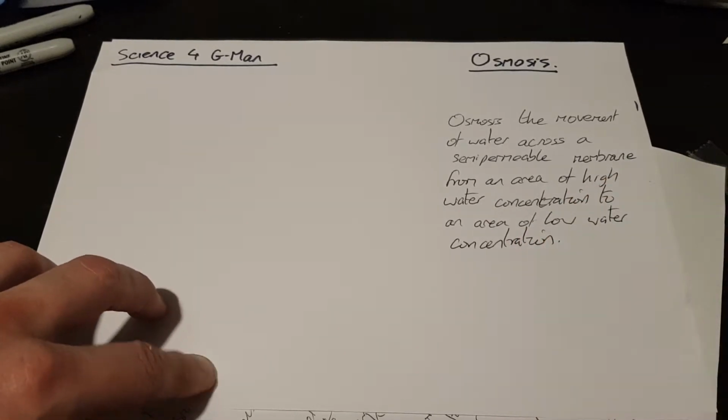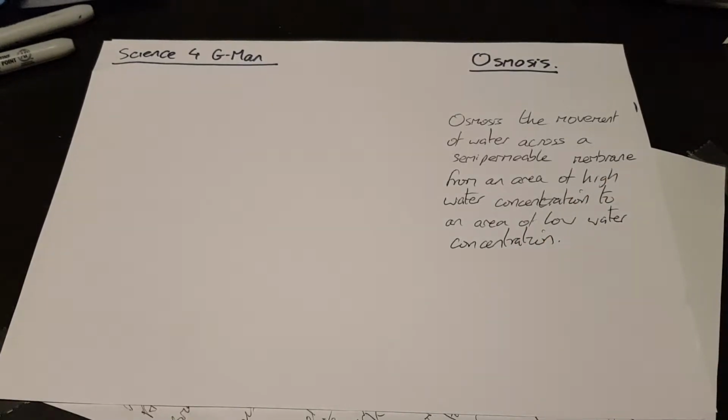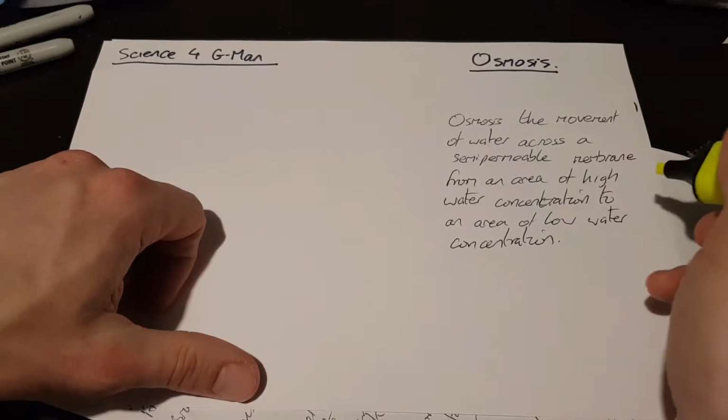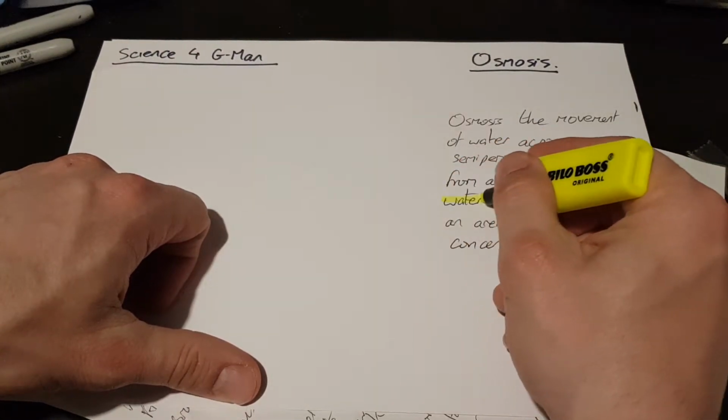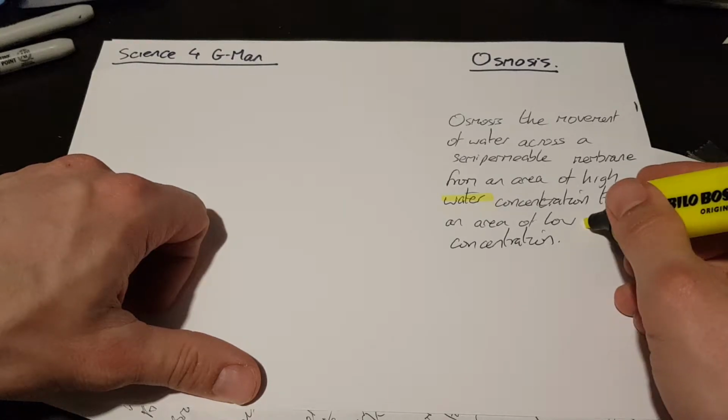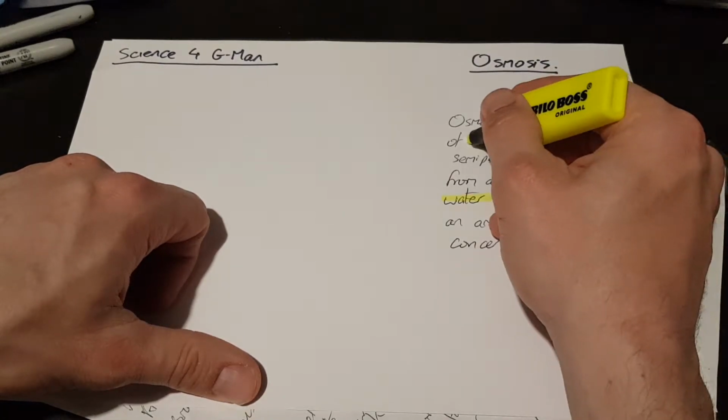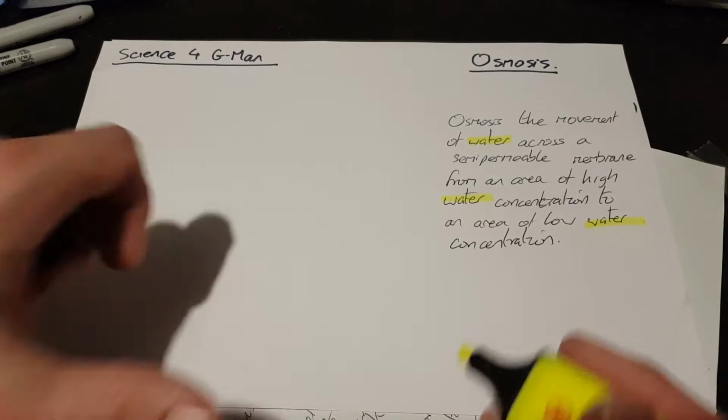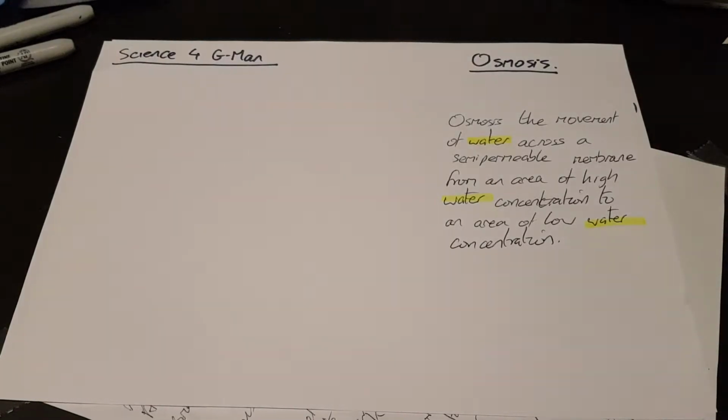Let's just keep that in mind. I'm going to highlight something. So we're looking at from high water to low water. It's the movement of water. Always about the movement of water. All you've got to remember is that we're looking at how water moves.